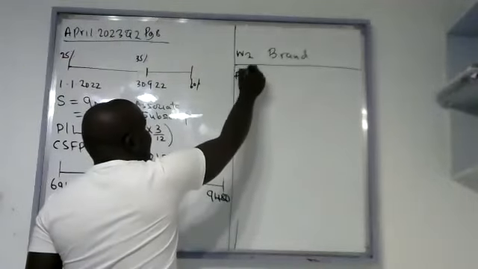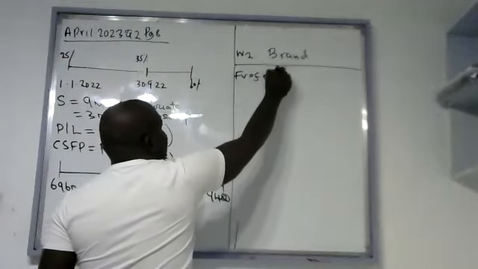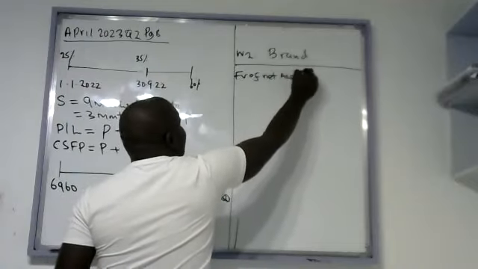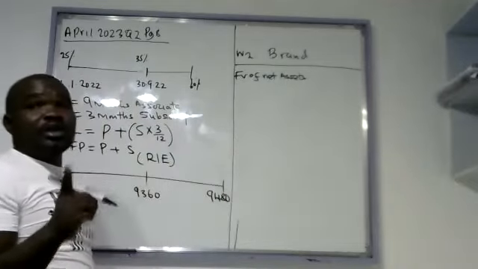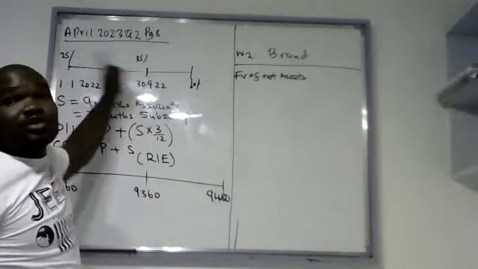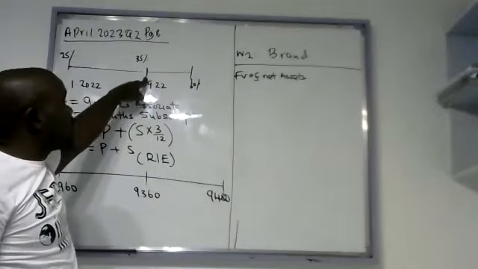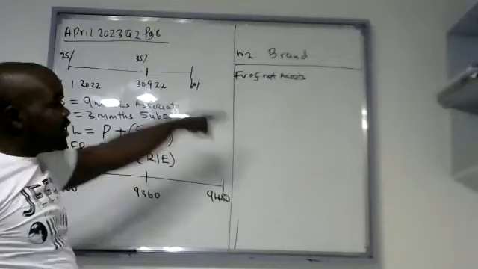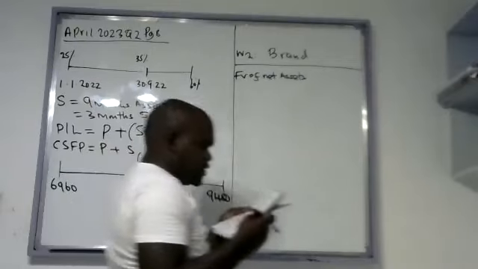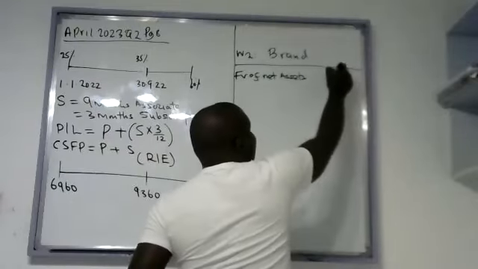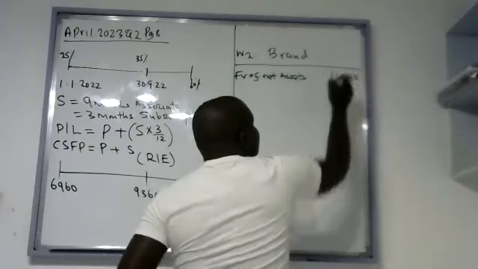So, the fair value of net assets on the date of acquisition, the date it became a subsidiary, not an associate, is 11,040. That is the fair value.